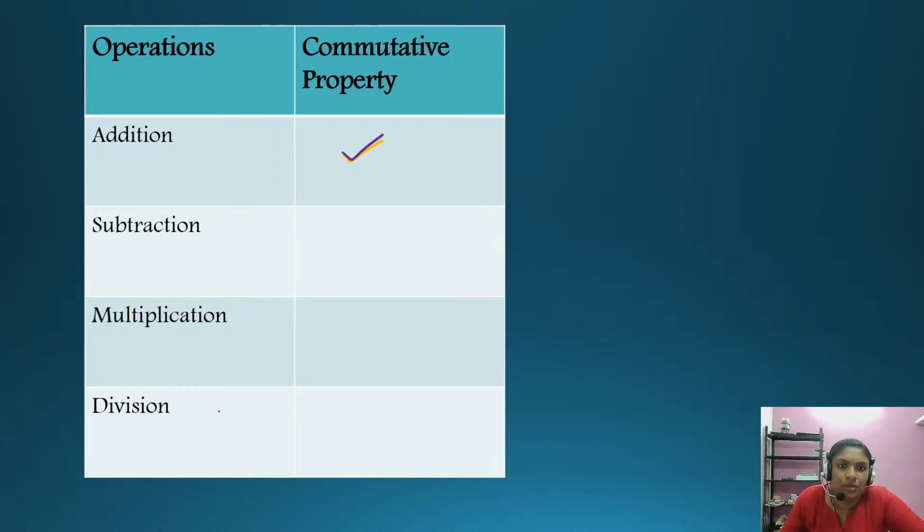Do you remember what happened when you subtract two rational numbers? One was positive and the other was negative. So it doesn't satisfy. What about multiplication? Satisfies. And division? The second one was the reciprocal of the first one, right? So doesn't satisfy. Okay. So shall we move to the next property?